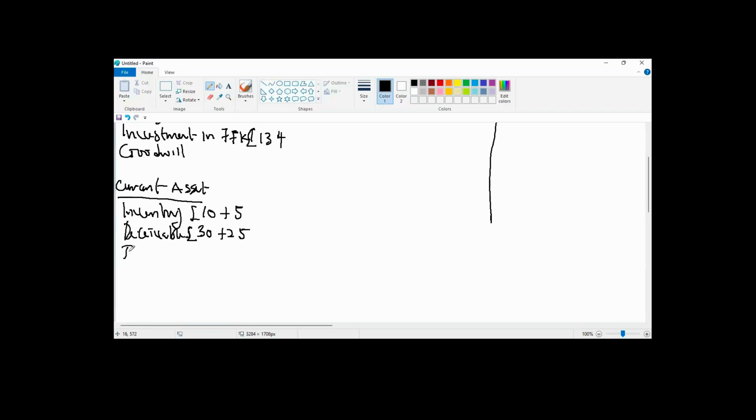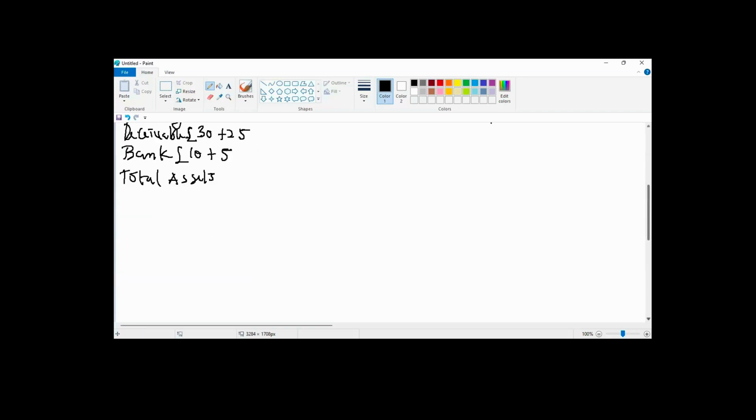Bank, N plus 5. Total assets. Equities and liabilities.